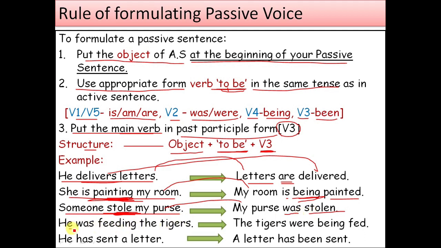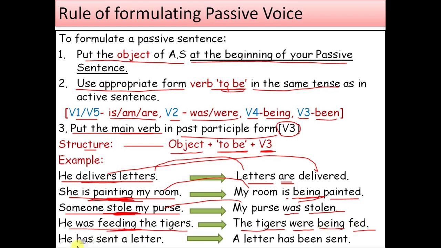Similarly, he was feeding the tigers. So first the object, the tigers, it is plural, therefore we are using were. The tigers were, and it is continuous, see, feeding, therefore we are here using being and change the main verb into V3, feeding, fed. So the tigers were being fed.